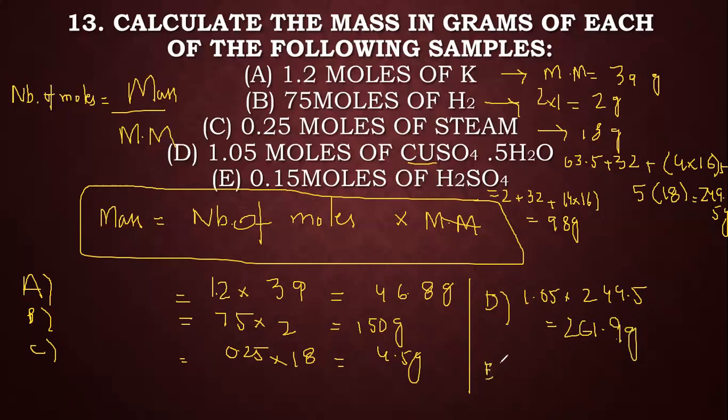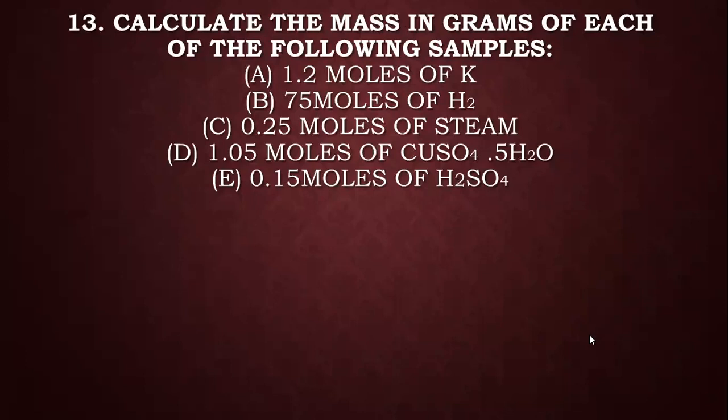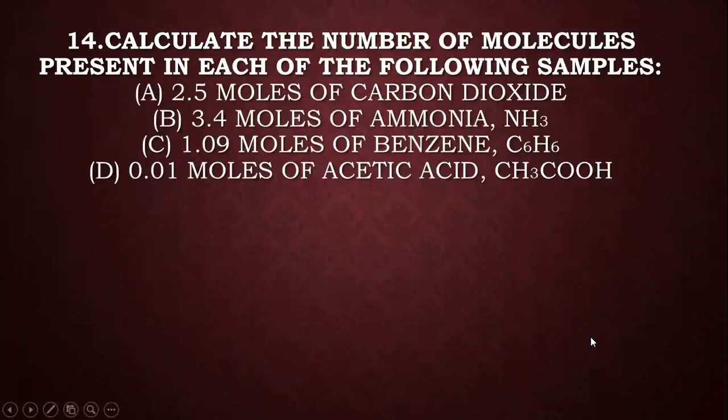E part is 0.15 moles of H2SO4, so it equals 0.15 multiplied by 98 for H2SO4. So the value must be equal to 14.7 grams. This is the general solution of questions on the number of moles or mass of a substance.